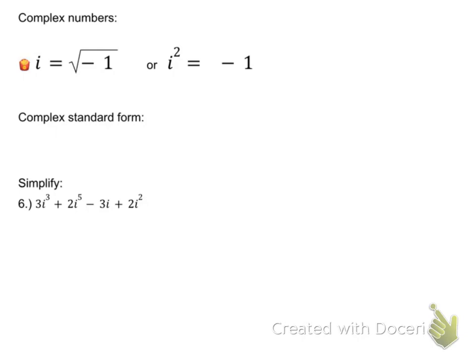Now, to simplify our problems, we define the square root of -1 as equal to i. I is the square root of -1.